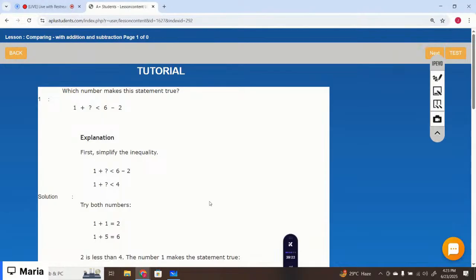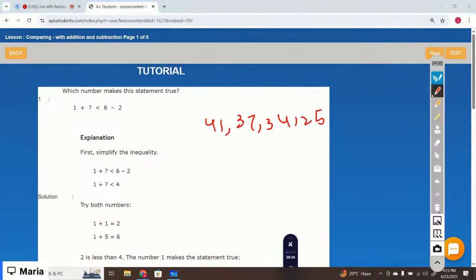First you have to subtract. 6 minus 2 is 4. 1 plus the missing number is less than 4. So you are given the numbers in the options. You have to see what number added to 1 is less than 4. So that would be 1 plus 5, that is 6, is less than 4.